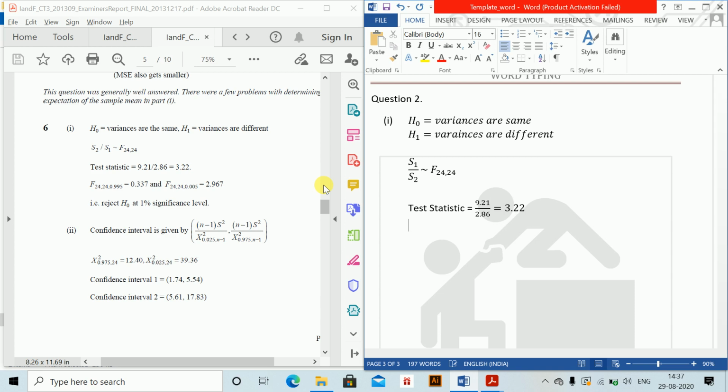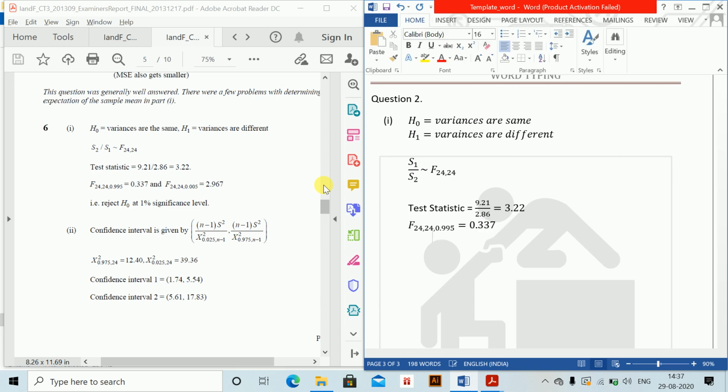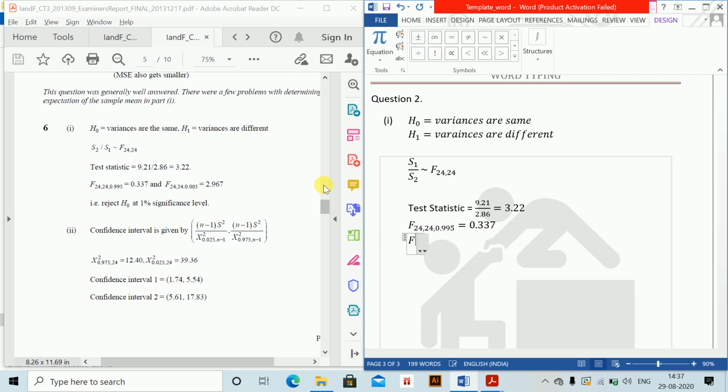Okay, F_24,24,0.995 is equal to 0.337, and F_24,24,0.005 is equal to 2.967.